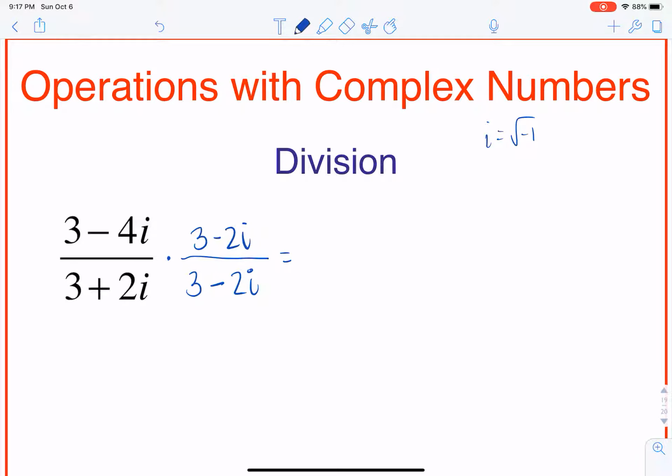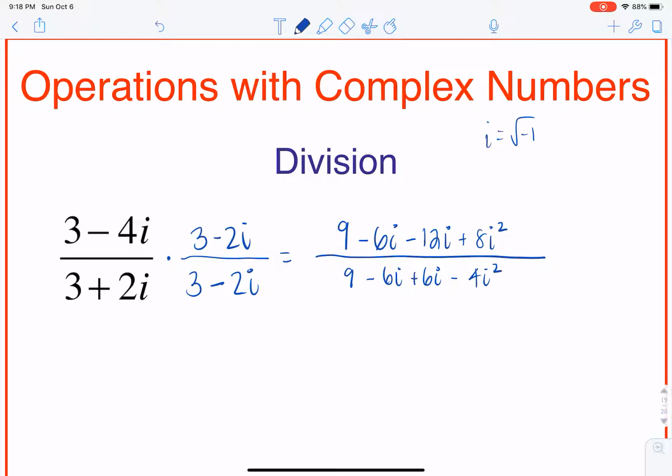So here I can go ahead and distribute or FOIL these out. So it gets a little tedious here. So 3 times 3 is 9. This is going to give me negative 6i minus 12i plus 8i squared, all over 3 times 3 is 9 minus 6i plus 6i minus 4i squared.